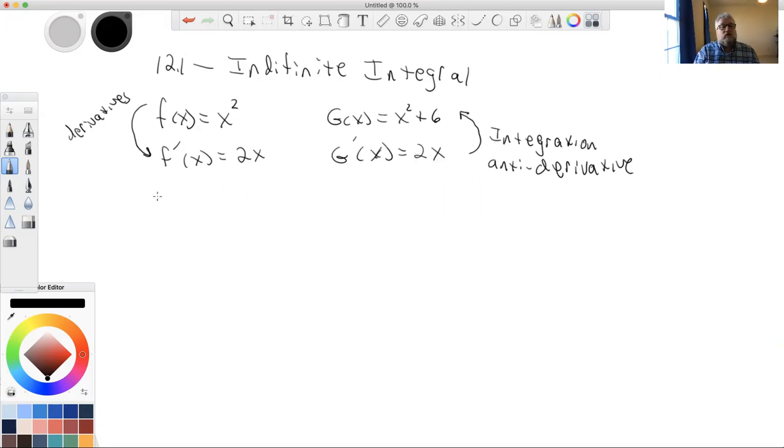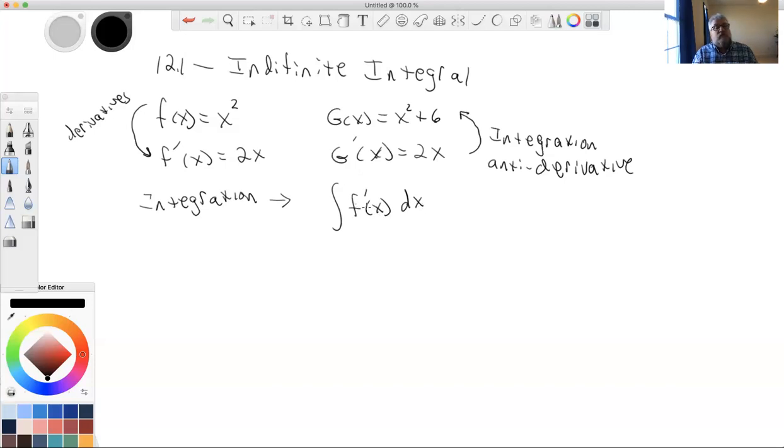And integration looks like this. We'll have the integral, which is a curvy line, of something like f prime of x. And we're always going to have a differential guy here next to it to tell us what variable we're operating on.